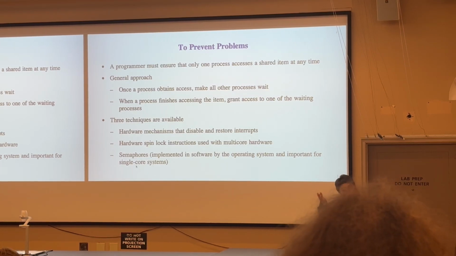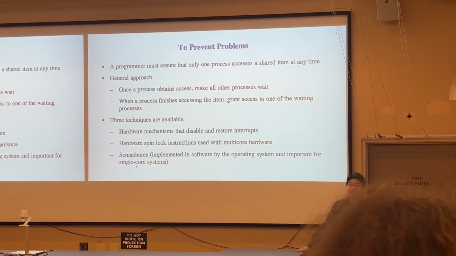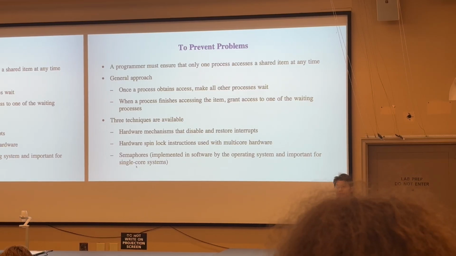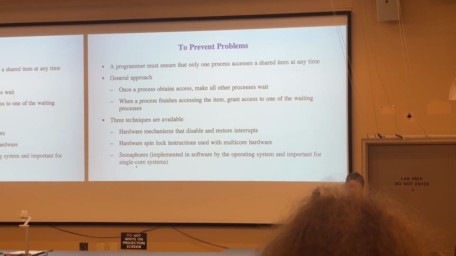That's right. Can you explain why, if the critical region is small, it's better to use spin lock? Because the semaphore has much more overhead than the spin lock, so it's not worth putting the thread into a waiting state and then coming back, doing the critical section. These are all right answers. What is the overhead of semaphore?